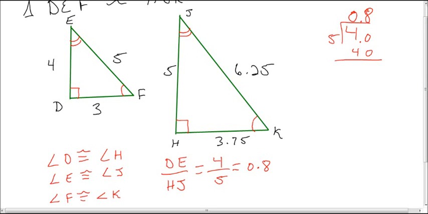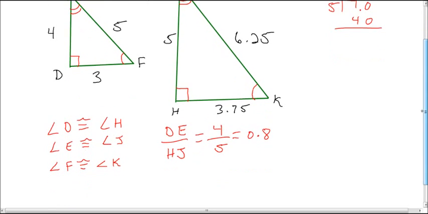So now let's take a look at the next one, which is EF and JK. And here we have 5 over 6.25.